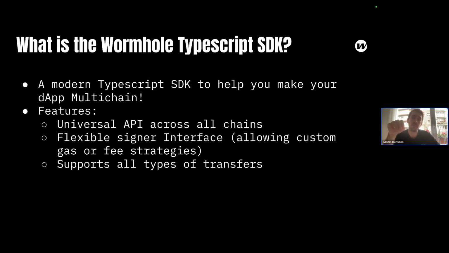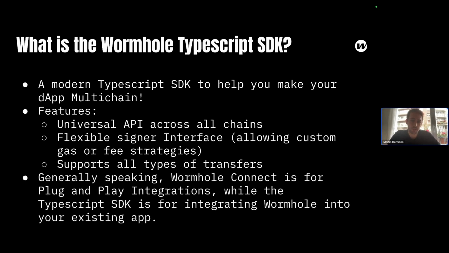It's a little bit more complex, I would say. And it's perfect if you want to integrate Wormhole into your already existing dApp. So the features that it has: a universal API across all chains, flexible signers, and it supports all types of transfers. And as I just mentioned, Connect is for plug and play, while the TypeScript SDK is for integrating Wormhole into your existing dApp.